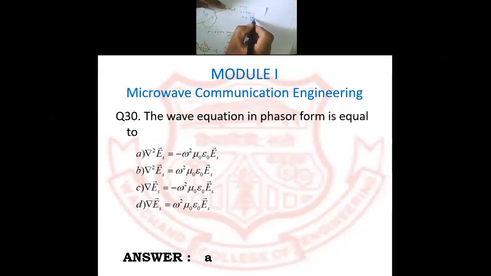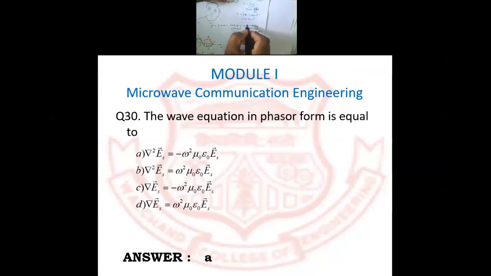B is nothing but mu H. So here we can say that del cross of E is nothing but minus j omega mu H. And if you solve it, we will again get a minus j omega mu into del cross H.